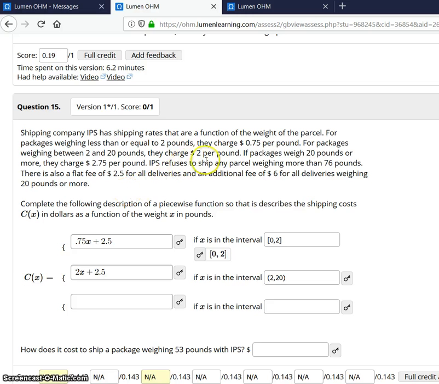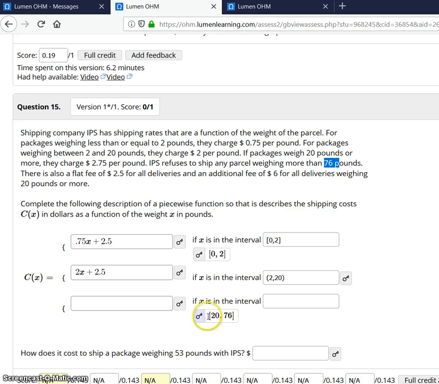And then finally, if it's more than 20 pounds, but it has to be less than 76, so that would look like that, between 20 and 76. Here they charge an extra $6, so it's $2.75 per pound, but there's an additional fee of $6 above this $2.50.